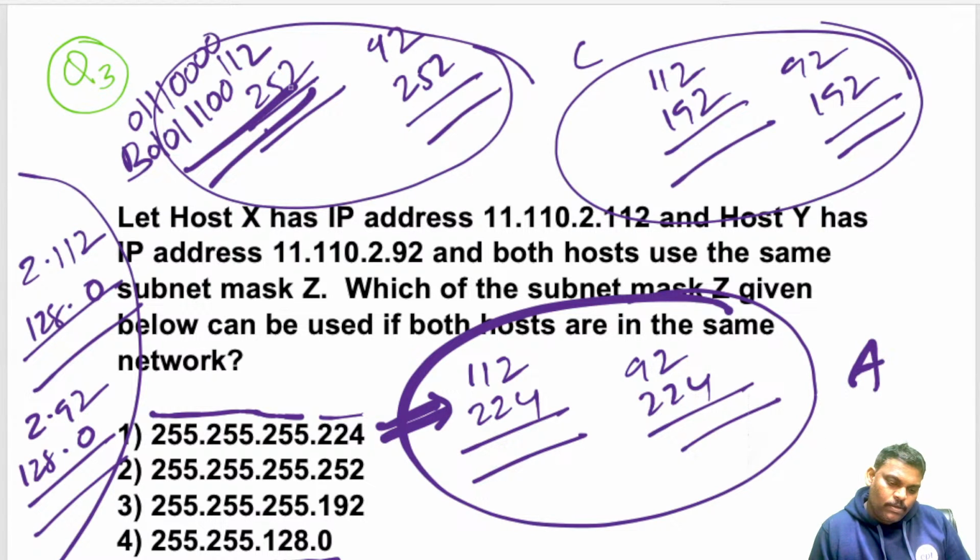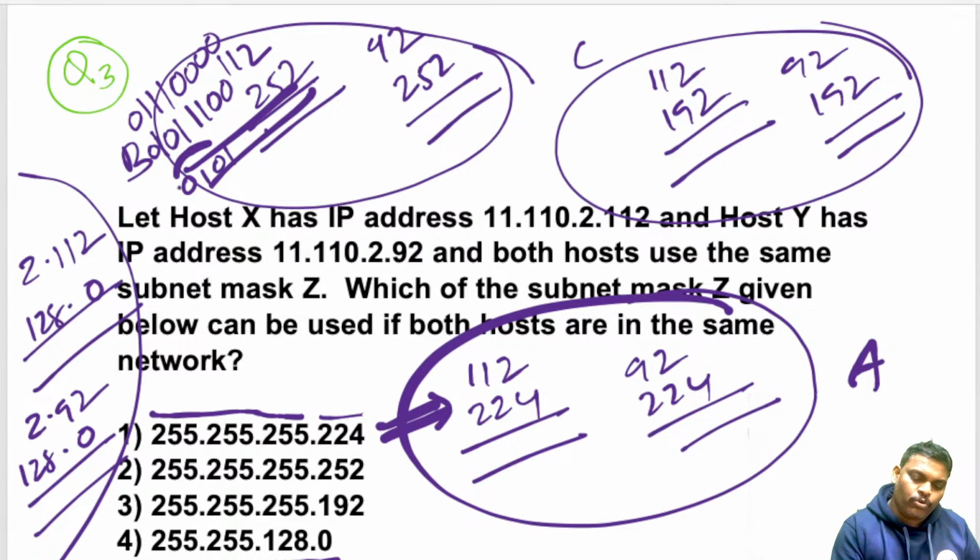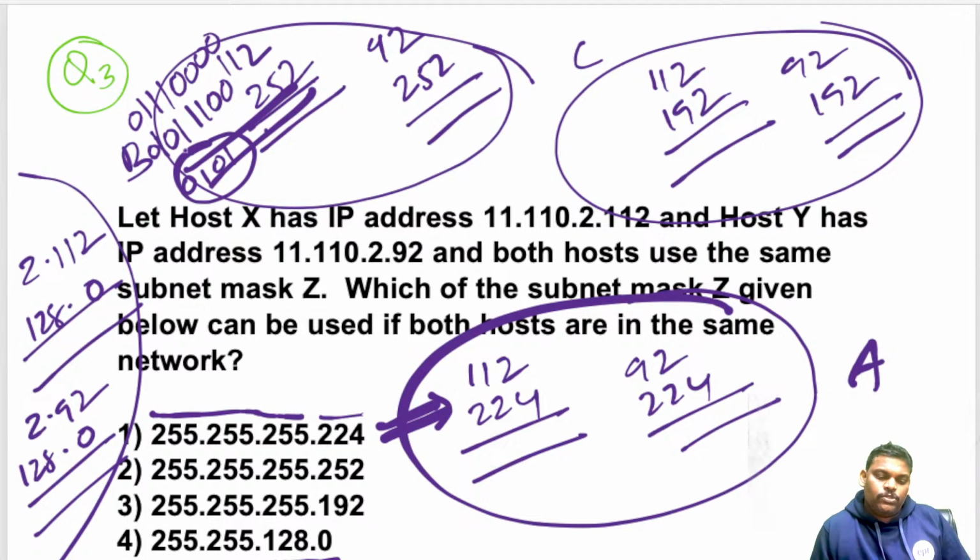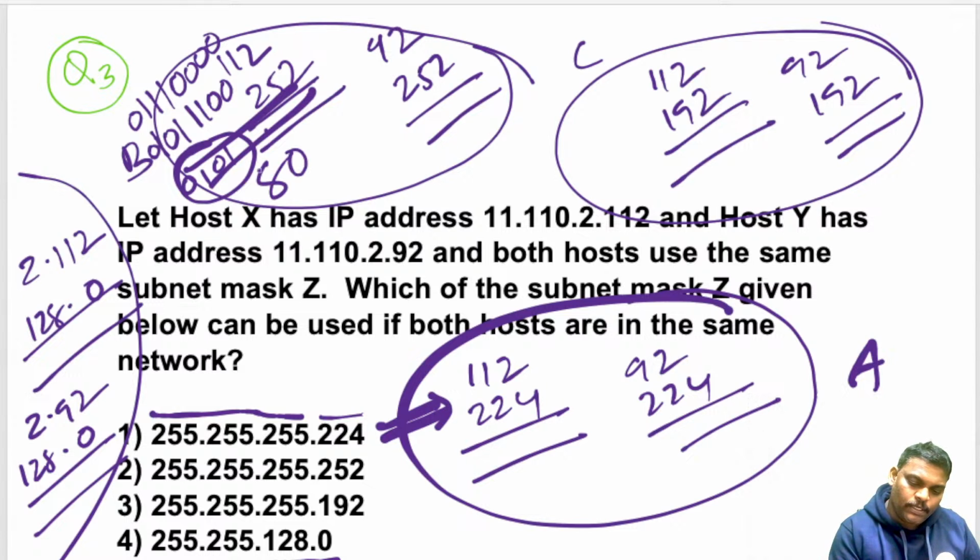I think 0101, which is going to be 64 plus 16, 80. Everything is in binary format, nothing else here.